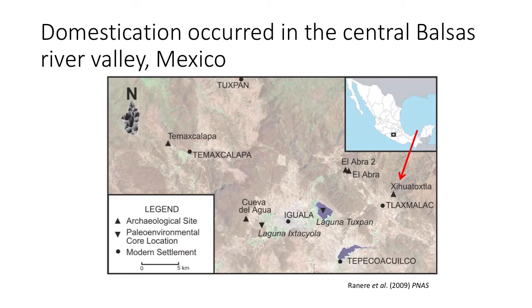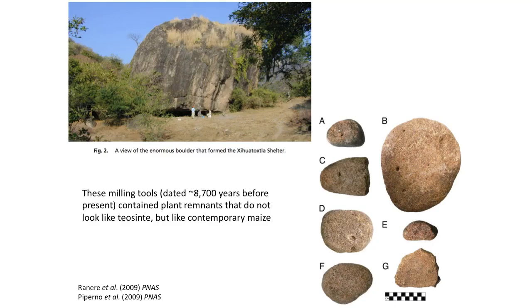So, archaeologists and anthropologists know that the domestication of corn, what we think of as corn, happened in central or southern Mexico. And this was published about a decade ago in a scientific journal, this study, looking at the origins of domestication of corn. At least one origin of, or the area where corn was domesticated was near this shelter, this giant boulder where there's a space underneath the boulder where humans would use that as shelter.